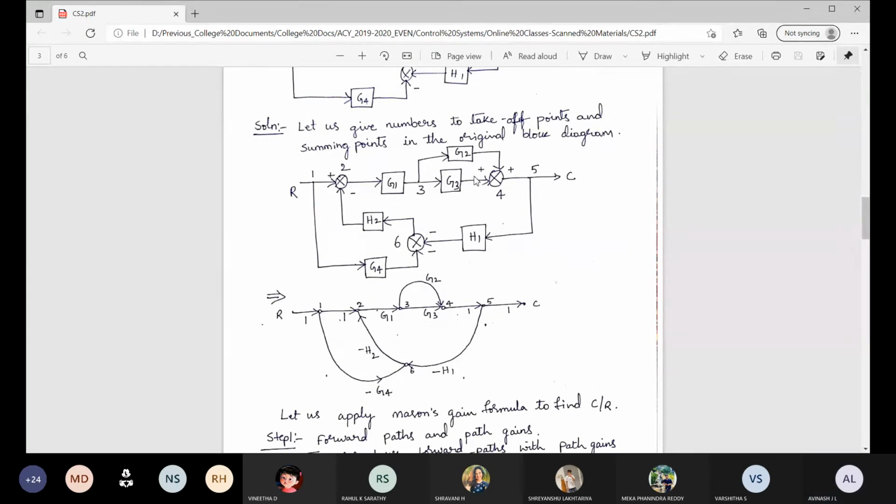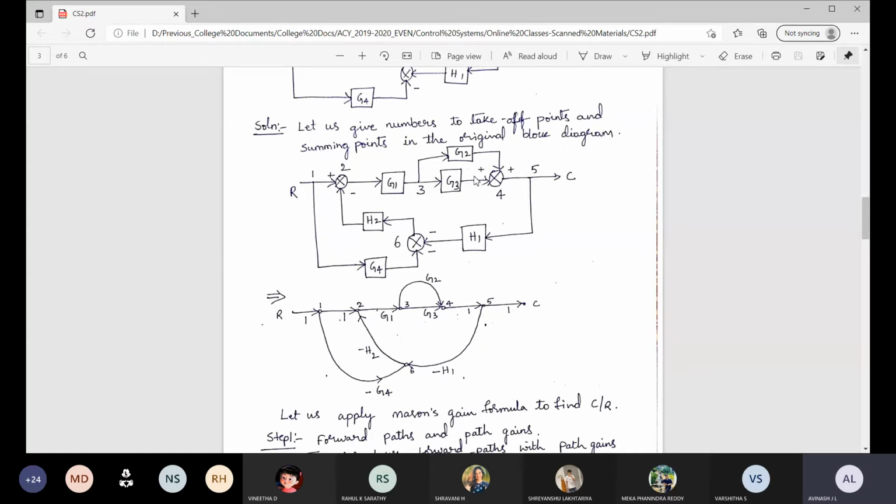I should start from R and I should reach C. So between R and C, from R to C, I should travel. To travel, what are the branches and what are the branch gains which support me?